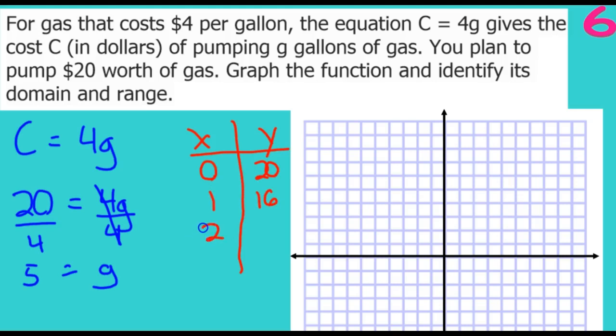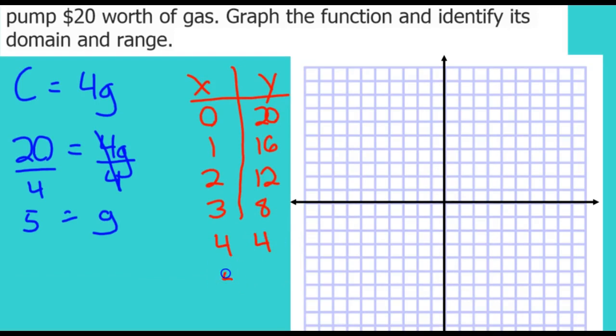If we put 2 gallons of gas in, we're going to have 12. If we put 3 gallons, 8. 4 gallons, 4. And 5 gallons of gas, we'll have $0 left.